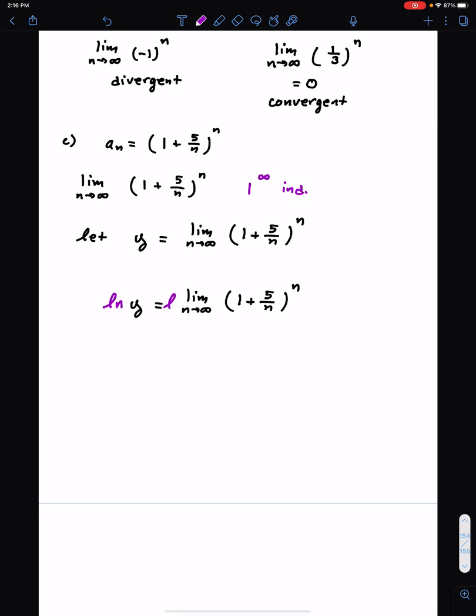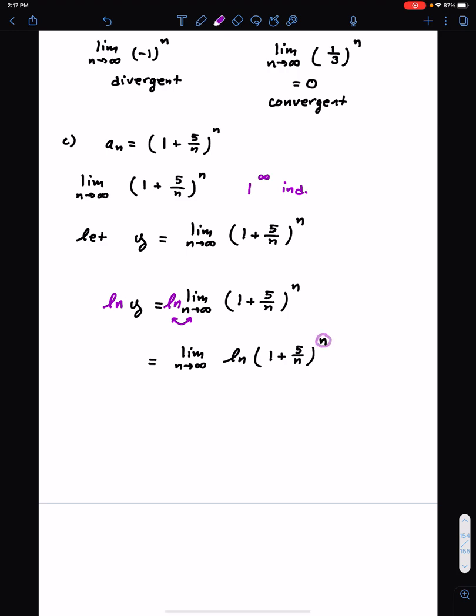So I'll natural log both sides. Then there's a property that allows me to interchange the natural log and the limit. So this is equal to the limit as n approaches infinity of the natural log of 1 plus 5 over n to the nth power.